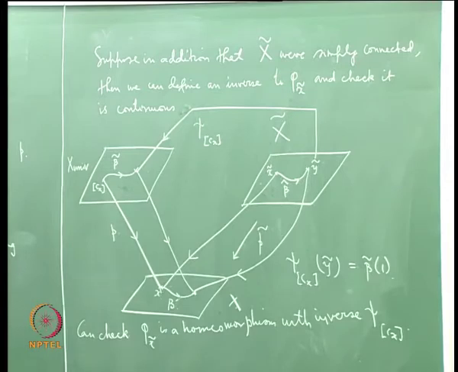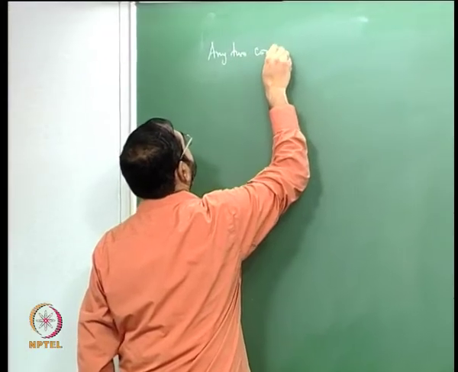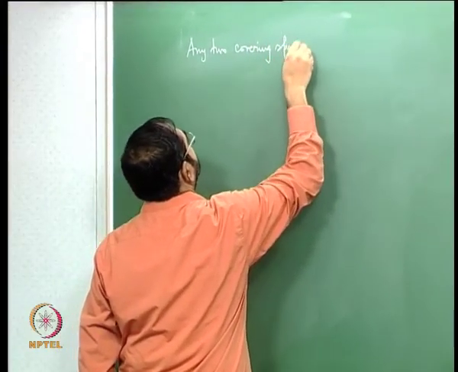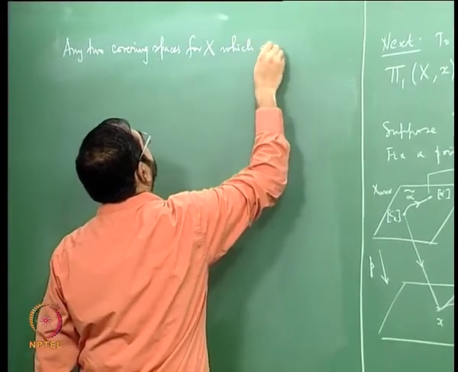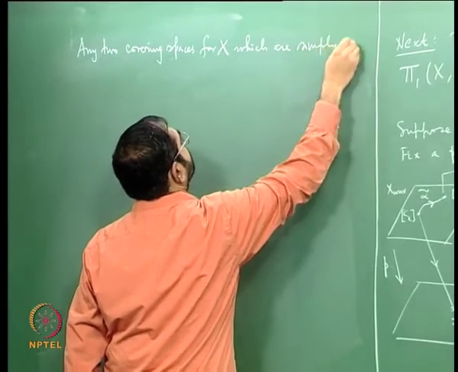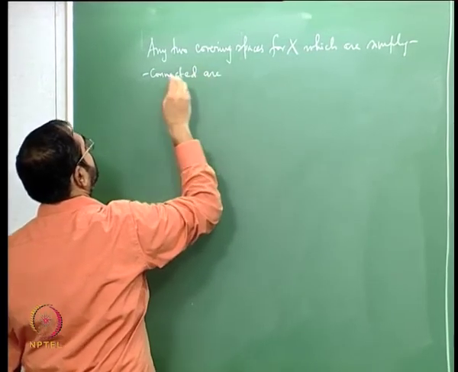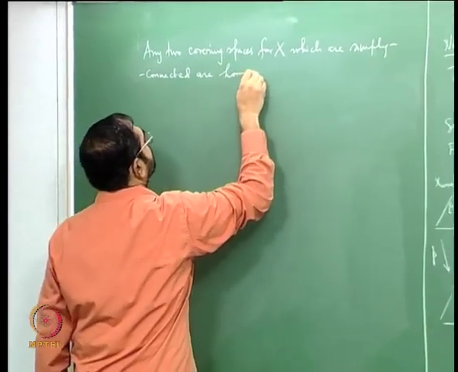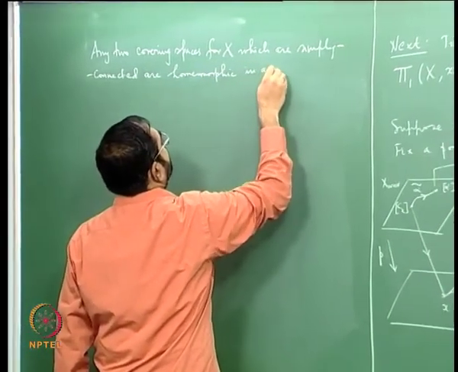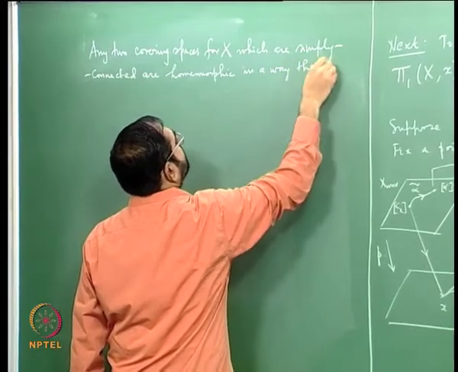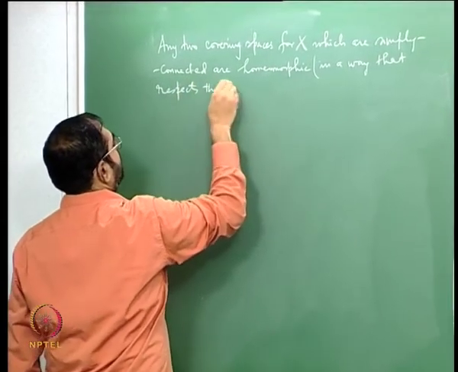So let me write one more line: any two covering spaces of X which are simply connected are homeomorphic in a way that respects the covering projections.